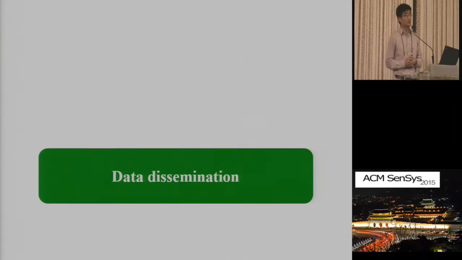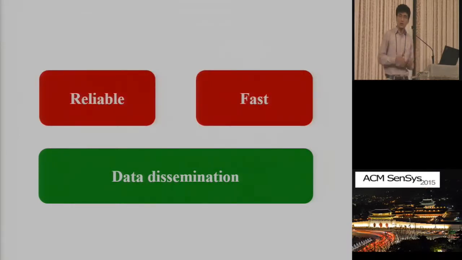Since we want to deliver important information such as application profiles or updated code, we want the data dissemination protocols to be reliable. The reliability here means that we must guarantee that every node in the network can receive the complete data object reliably. Of course, we want to do it as fast as we can to save the energy of the sensor nodes.